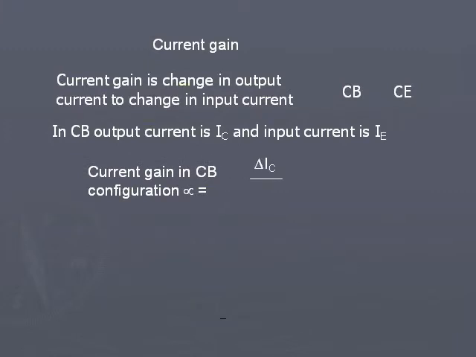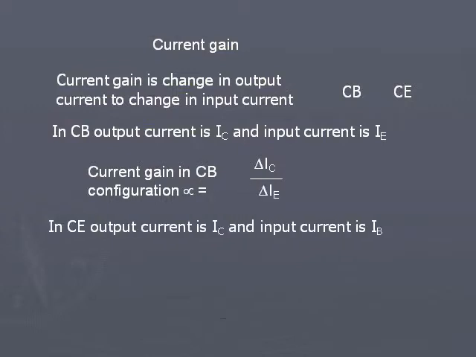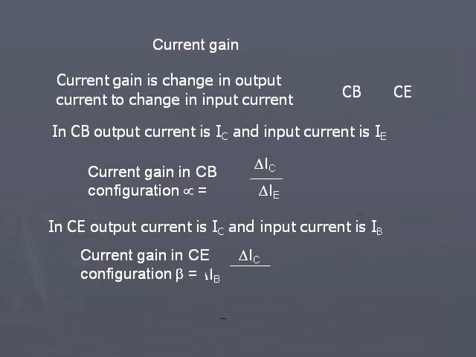So the current gain alpha in common base configuration is defined as delta IC by delta IE. Delta IC is change in collector current, delta IE is change in emitter current.